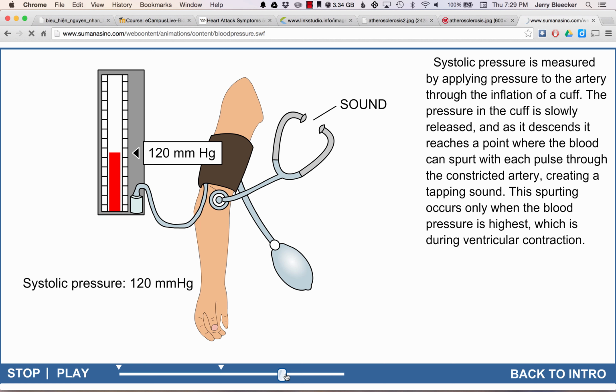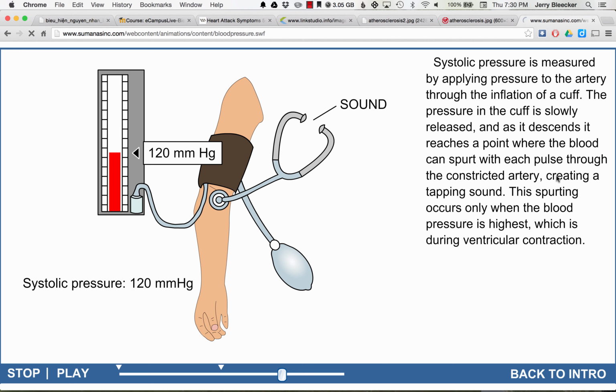Now, I wanted to get to this point because what I want to show you is the cuff is very, very tight. And a doctor or a machine will pump it so high that it's not really letting the blood through the arm. And the thing about pressure here, your arteries squeeze very hard. So what happens is the only blood that is going to get through your blood vessels is going to get through your arteries.